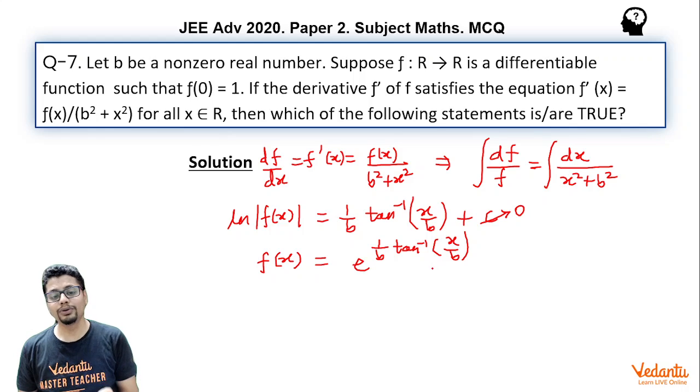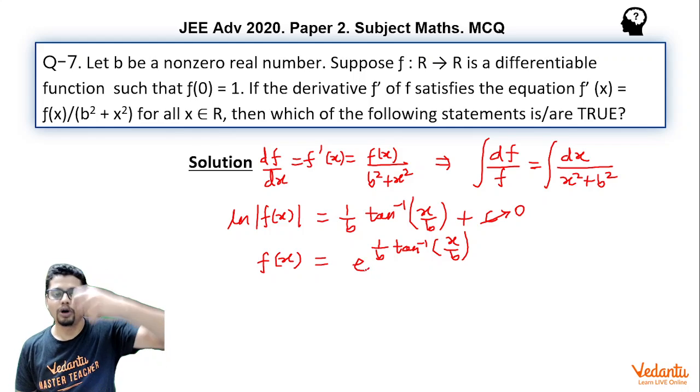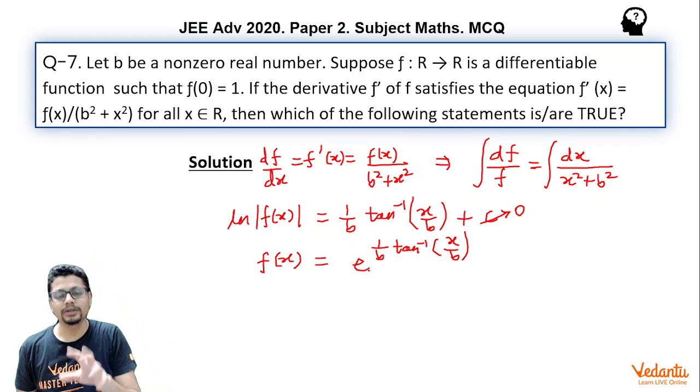Because if you consider f of x to be plus e to the power for some x and minus e to the power for some x, then there will be discontinuity at some x for sure, because the value will change from negative to positive or positive to negative, but it is not possible. Why? Because f of x is differentiable, hence continuous.